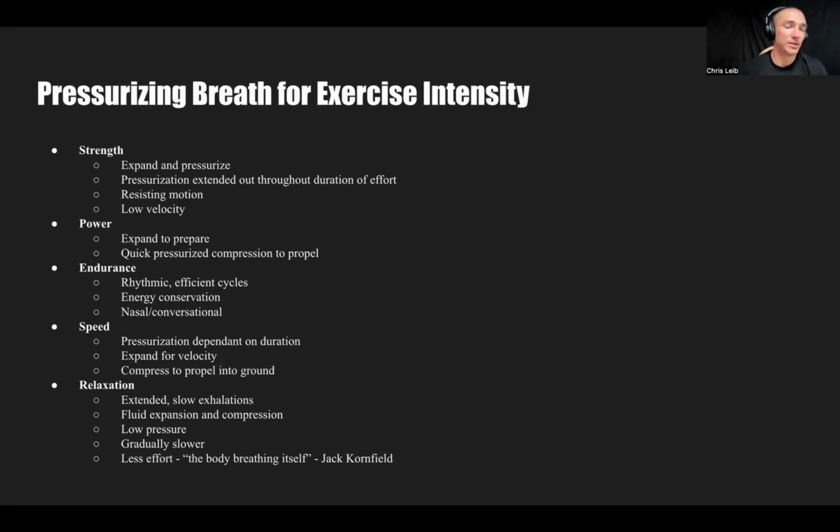And then relaxation is similar to endurance in a lot of ways, but then we can manipulate this in different ways. So extended slow exhalations tends to be a nice starting point. It's just checking in with how long someone can breathe out for, and then cueing them to breathe out a little bit longer gradually so they don't feel threatened by it. That could be a very powerful thing. A nice fluid expansion and compression.